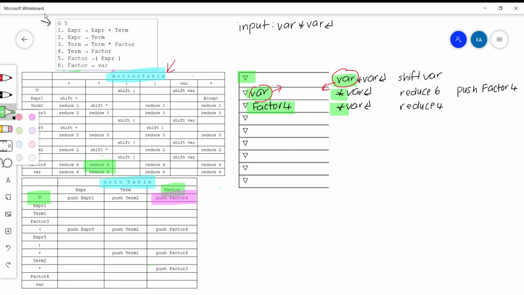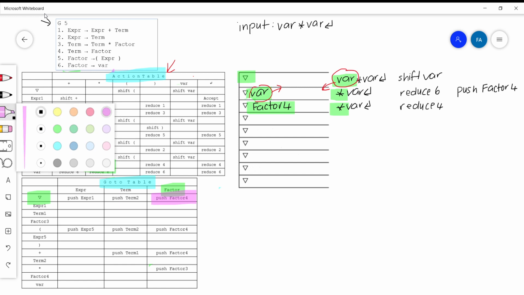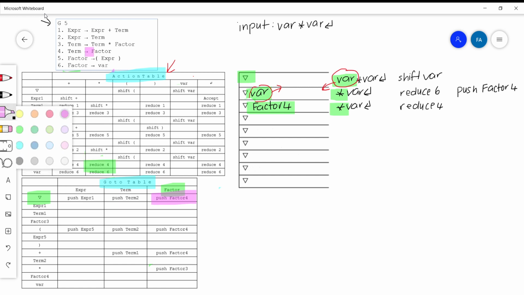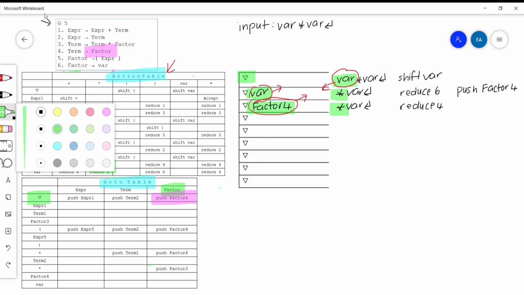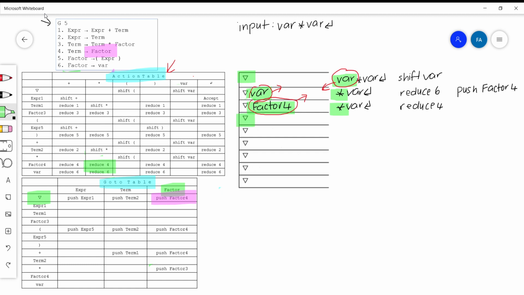On rule number 4, the symbol on the right side is factor, which means we need to take factor out of the stack, and we are left with bottom marker as the symbol on top of the stack. And then we need to refer to our goto table.